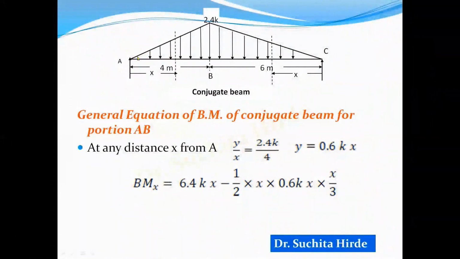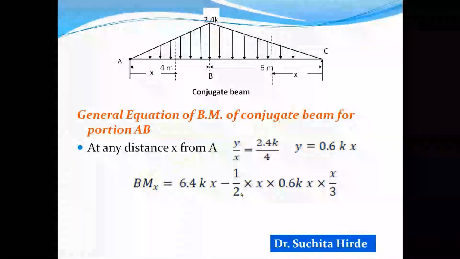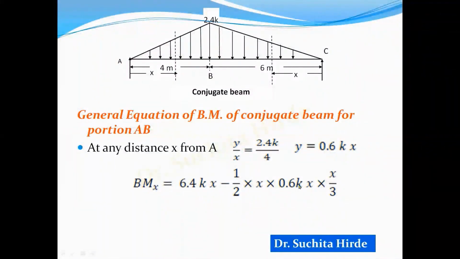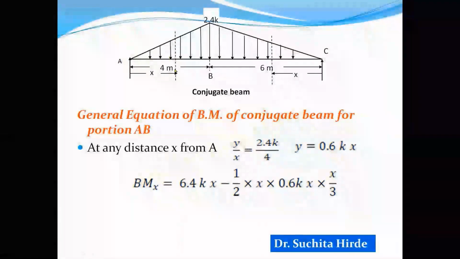What is the moment due to this small triangle? It is the area of the triangle multiplied by the distance of the CG. So the area of the triangle is half base into height. Height is now this y. So half base into height multiplied by the distance from the section.